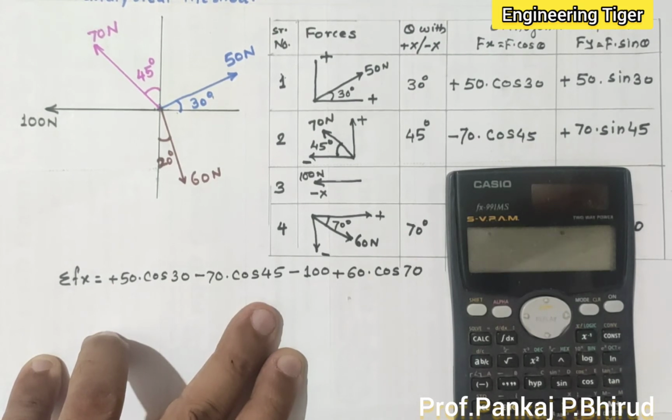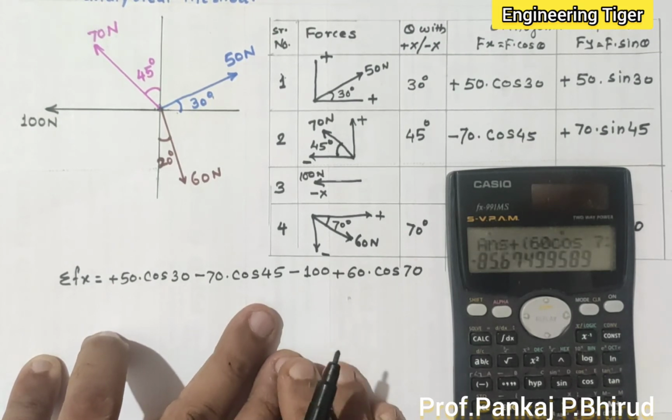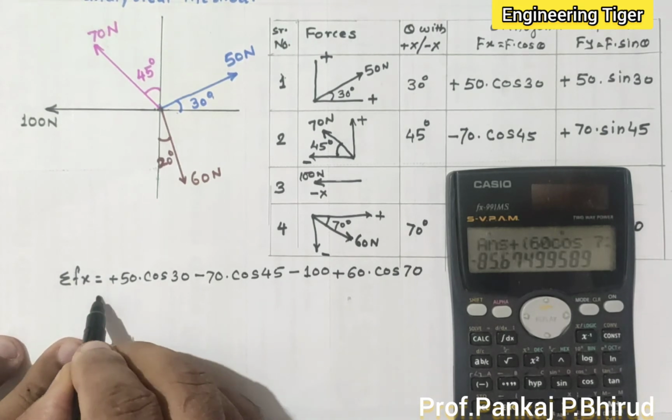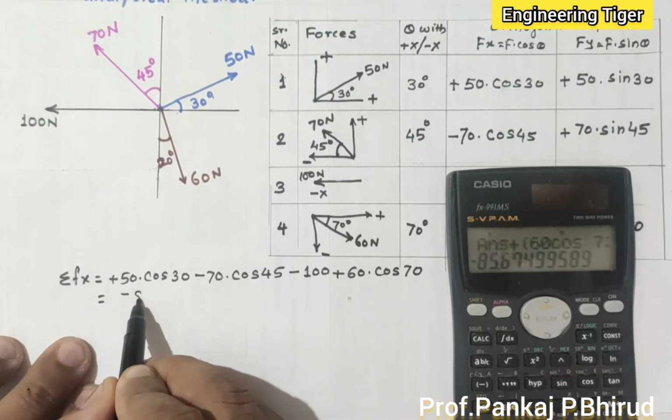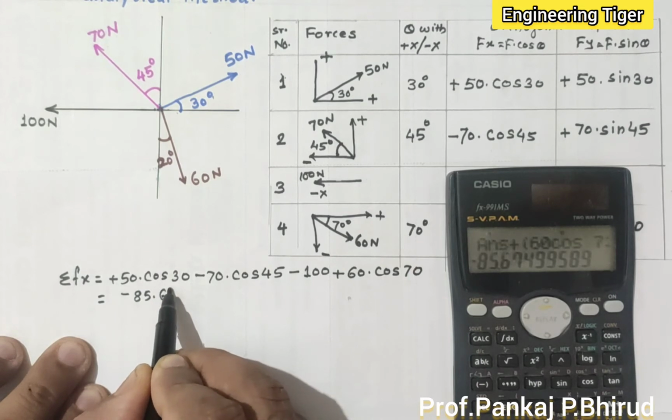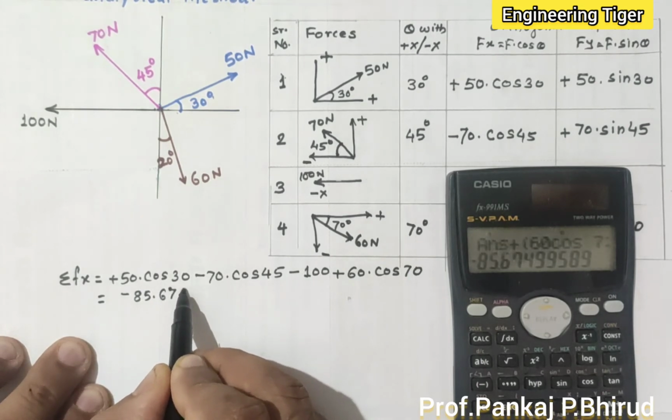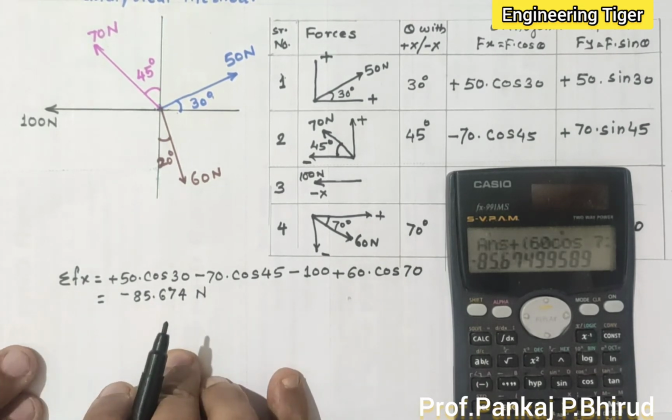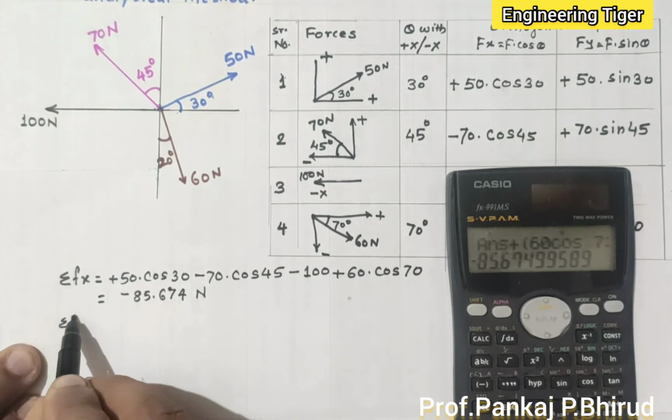So we get sigma Fx as minus 85.674 Newton.